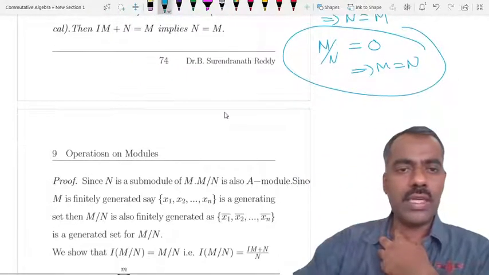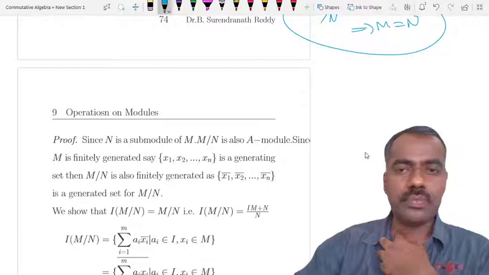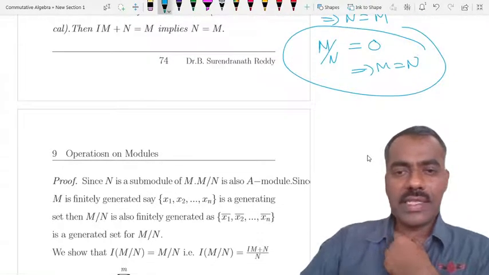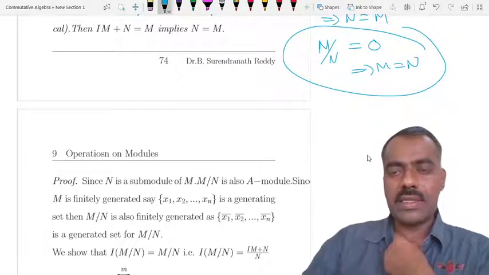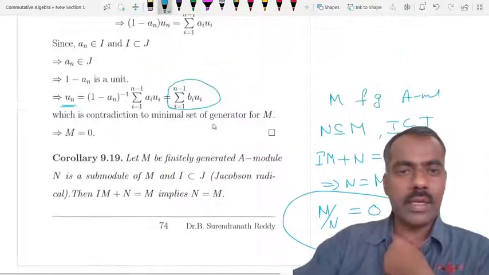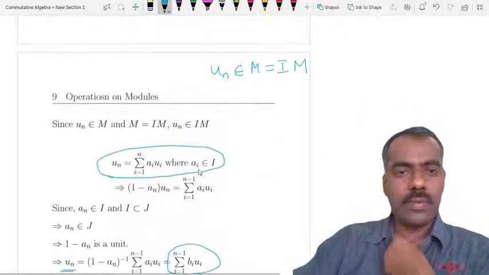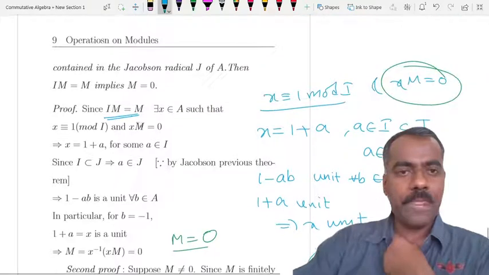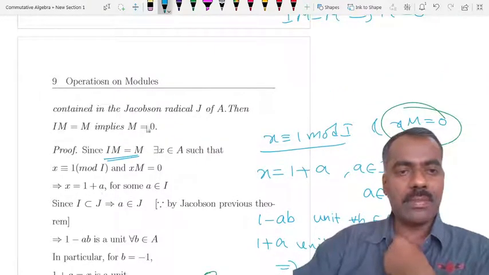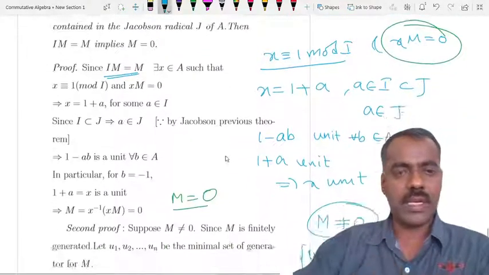If we want to apply Nakayama's lemma, we require that I times M is M, then M should be equal to 0, right?